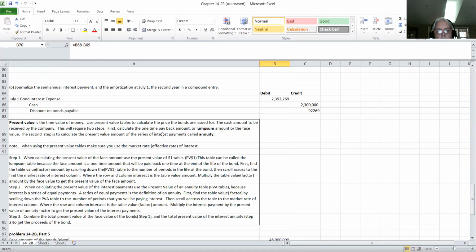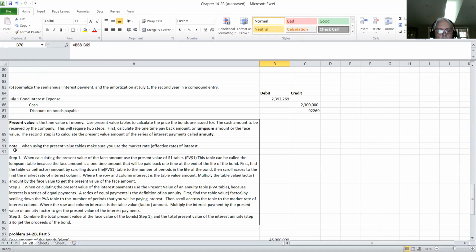The second step is to calculate the present value of a series of interest payments, called the annuity. Every 6 months, we're going to have to pay interest to our bondholders, and because these are a series of equal payments, we call them an annuity.